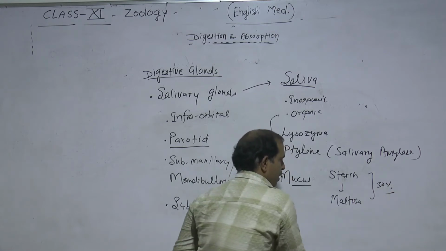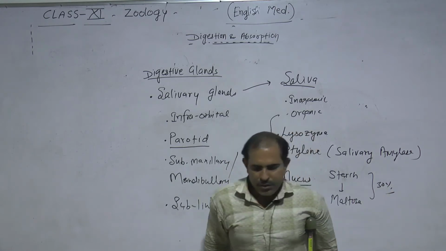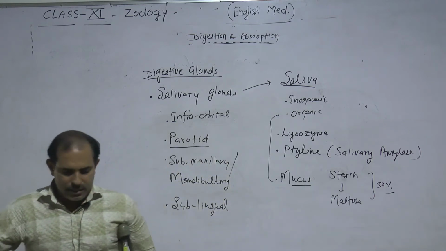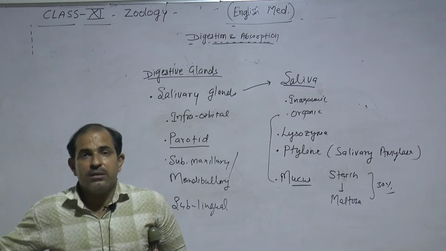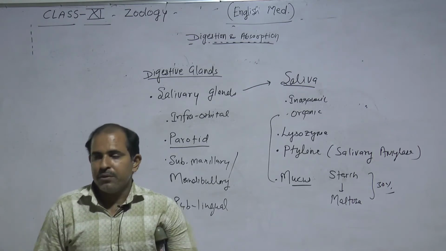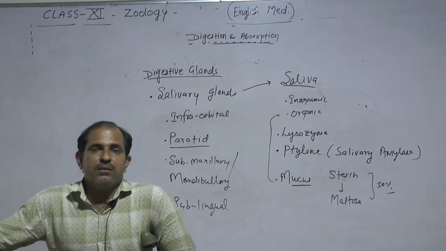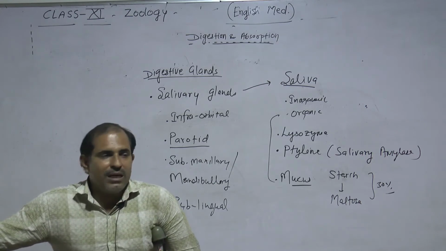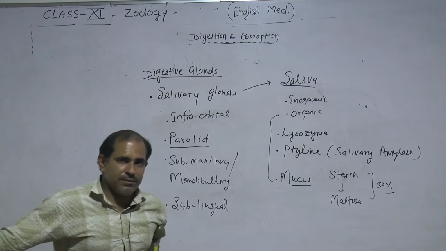It means 30% of cooked starch is converted into maltose by ptyalin or salivary amylase. It means in humans the process of digestion starts from the buccal cavity.